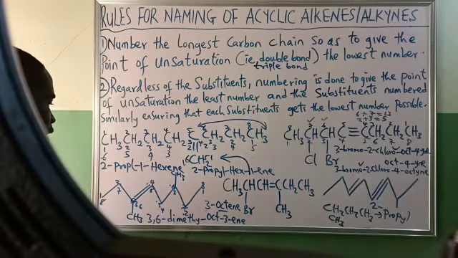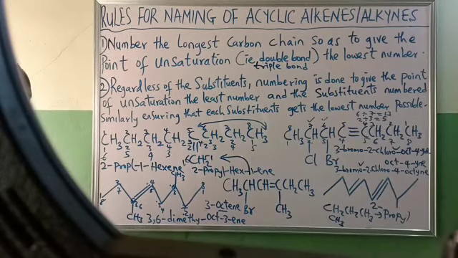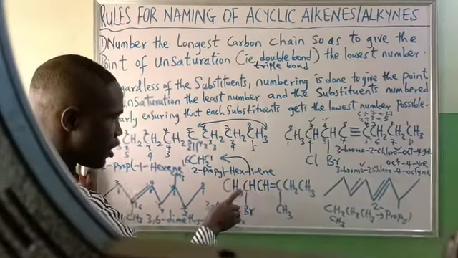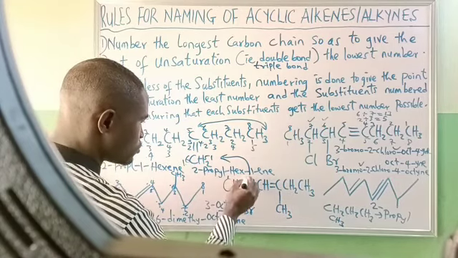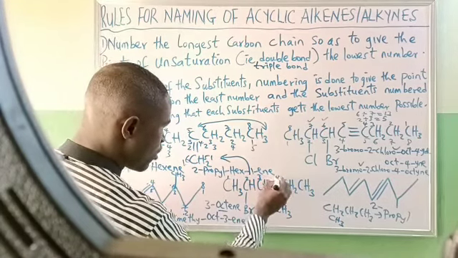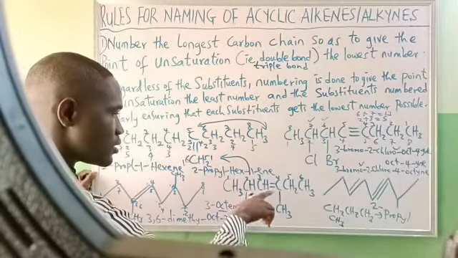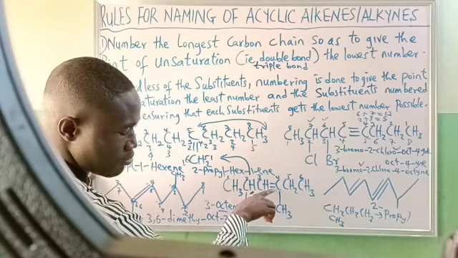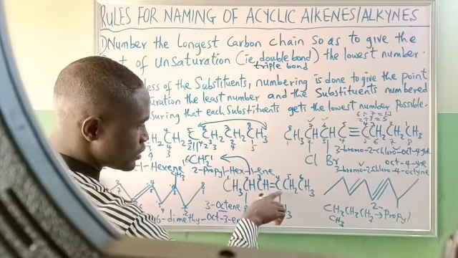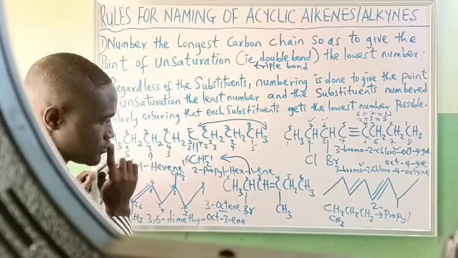Now let's name this. We number 1, 2, 3, 4, 5, 6. This carbon 3 is bearing this double bond. 1, 2, 3. The carbon 3 from this side will also bear the double bond.